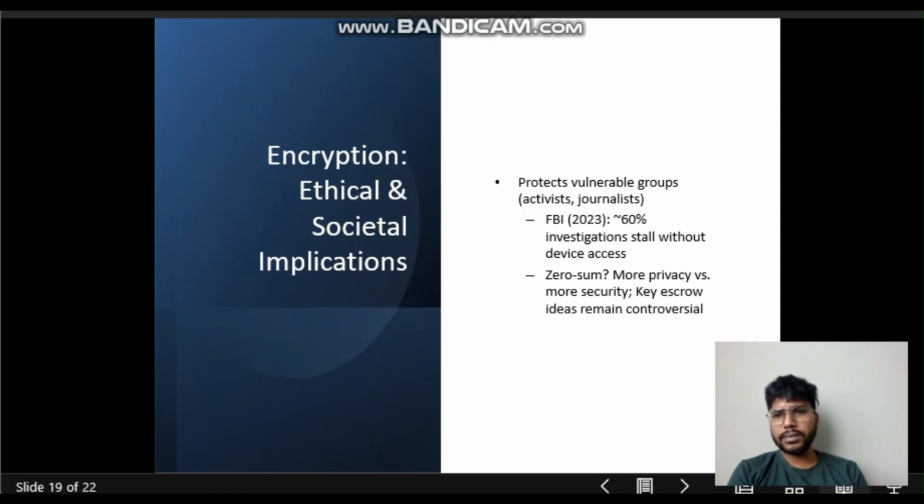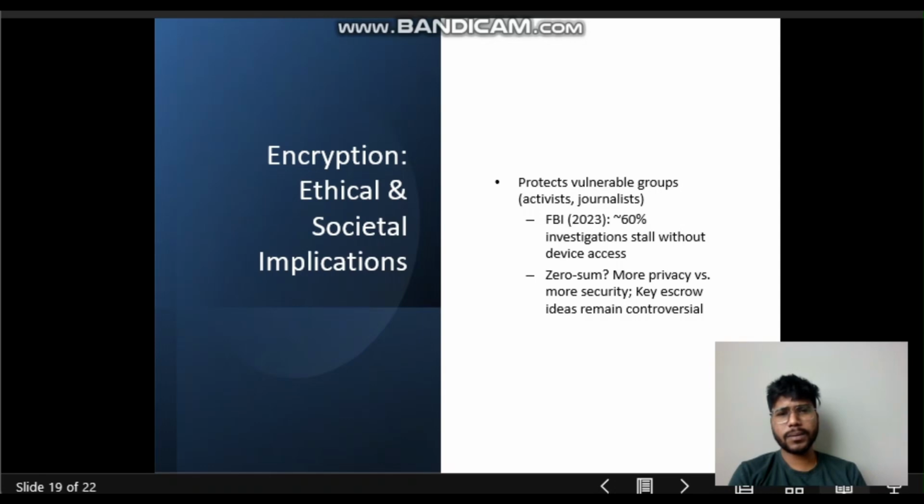This figure is often cited by officials pushing for exceptional access to encrypted data, and yet cryptography experts warn that any exceptional access for governments potentially becomes an exceptional vulnerability for hackers.